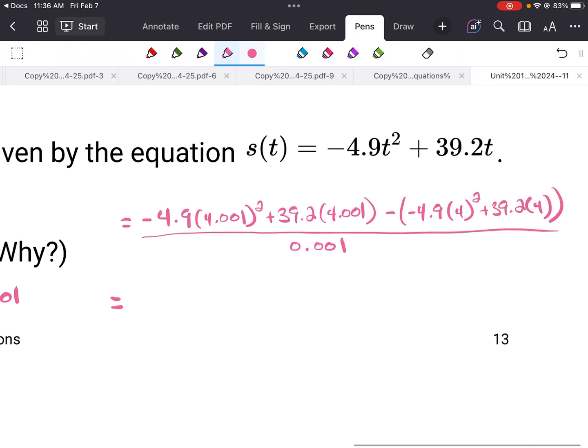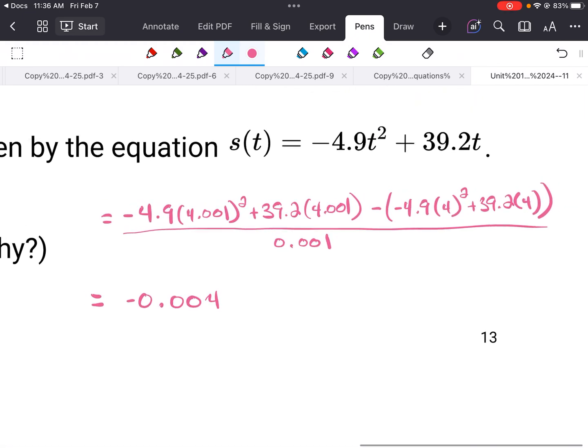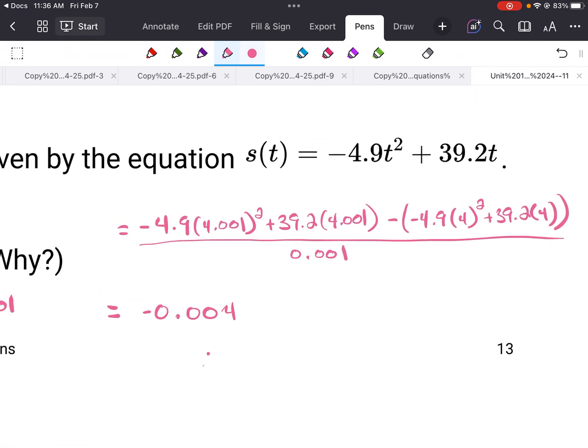Actually, we'll just do it all at once. And we will get an answer of negative 0.004. So it's really close to 0. When our IROC is 0, that represents a turning point, so a maximum or a minimum. So this is a turning point because the IROC is 0.